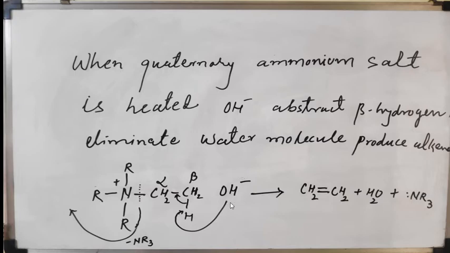Okay, so here the OH minus acts as a base. It takes away this beta hydrogen, and at the same time the cleavage of this carbon nitrogen bond occurs, and this group is removed as a trialkylamine, and at the same time this bond electron is displaced from here to here, forming alkene or ethylene plus water molecule and trialkylamine.